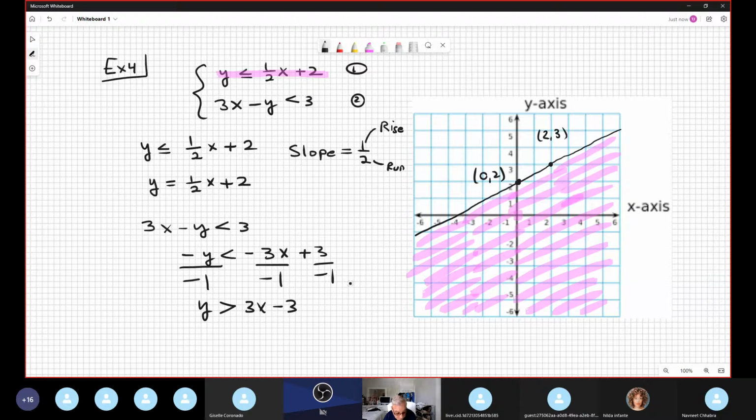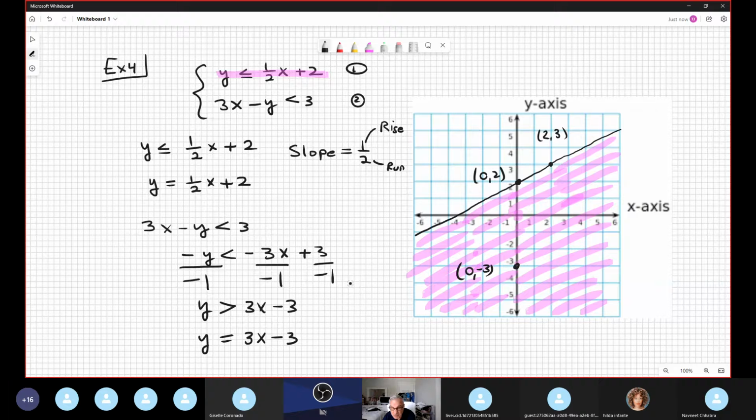Not bad. What should I do? Well, you convert to an equation because I feel more comfortable with an equation. The y-intercept is b equals -3, 1, 2, 3 here. I plot this point 0, -3 and the slope is 3 positive.